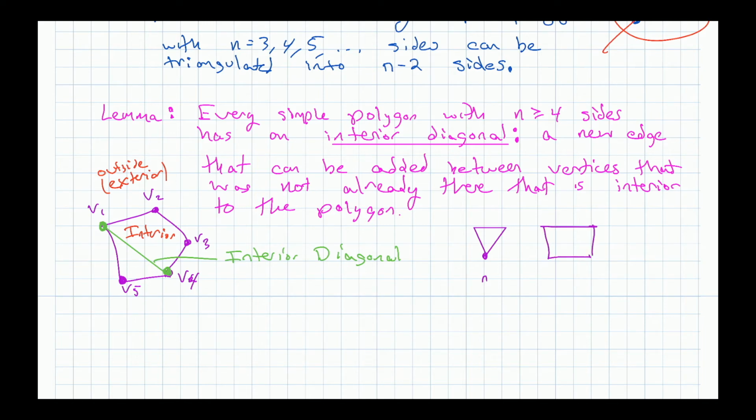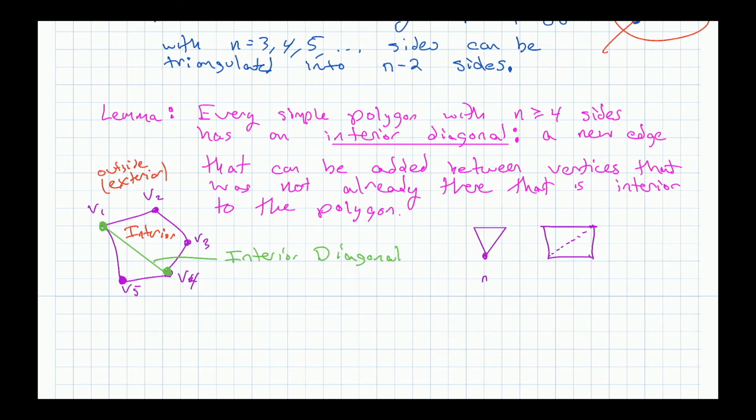But if you have at least a rectangle, then there would be a place where you could add the interior diagonal. So as long as there's 4 sides, you can do that. Now, again, I'm not going to prove that. I'm just stating it. If there's 4 sides or more, then you have an interior diagonal that you could add.